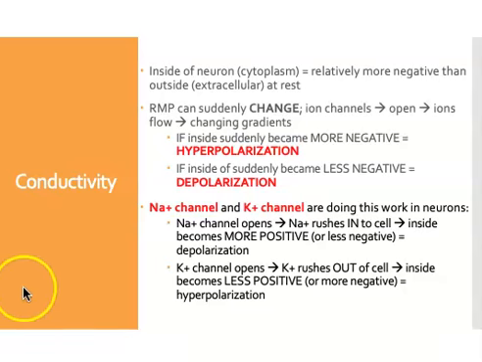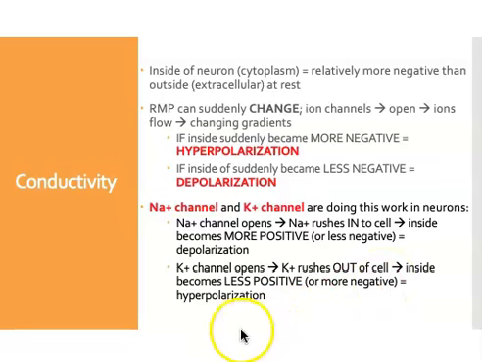Now, the potassium gradient is essentially the opposite. At rest, there's more potassium inside a cell than there is outside. So when potassium channels open, potassium is going to rush out of the cell. It's going to take its positive charge with it. So that's going to make the inside of the cell less positive or more negative.